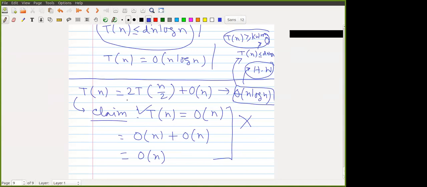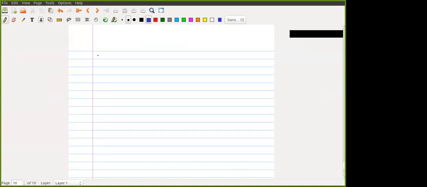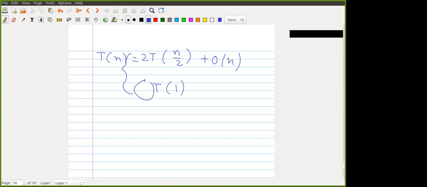See, in this example, suppose, maybe I go to this next page. T of n is 2 T of n by 2 plus order n. Okay. Now suppose I actually open it up. If we keep opening this up, until what point does this thing actually become T of 1, some constant times T of 1?